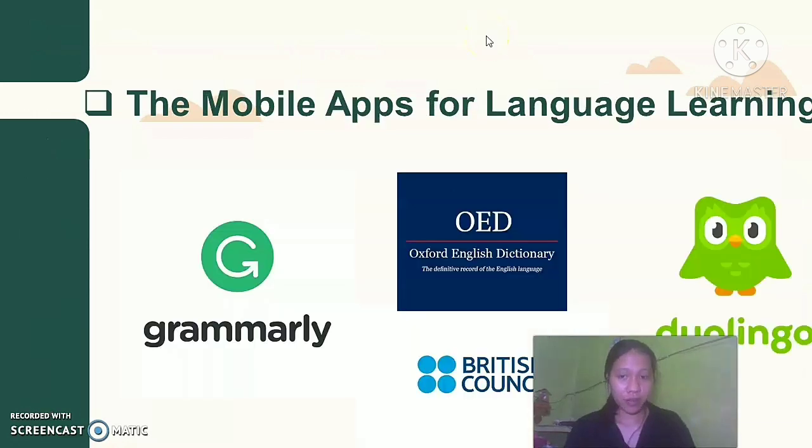And next, this is the example of mobile apps for language learning. The first one is Grammarly. It helps us to improve our grammar skills. And then, the second one is Oxford English Dictionary. It helps us to find a word that we don't know. And then, the British Council.